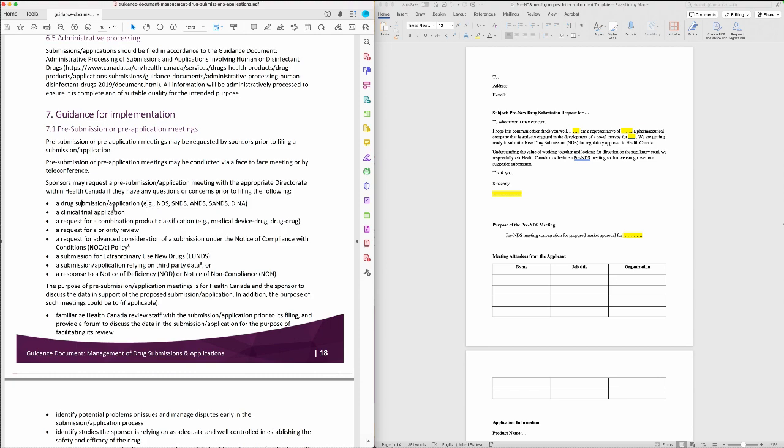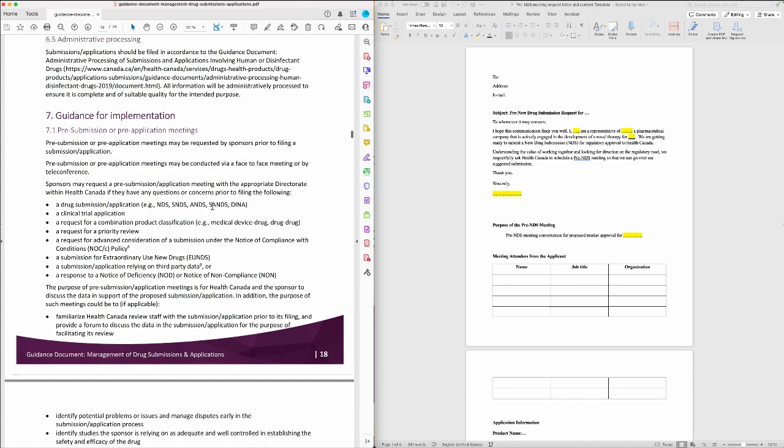So here, for example, if this is related to a drug submission or application, such as NDS, SNDS, or supplementary new drug submission, ANDS, which is abbreviated new drug submission, SANDS, which is supplementary abbreviated new drug submission, and DIN A. We can also obviously have a pre-submission meeting before submitting our CTA or clinical trial application in Canada.